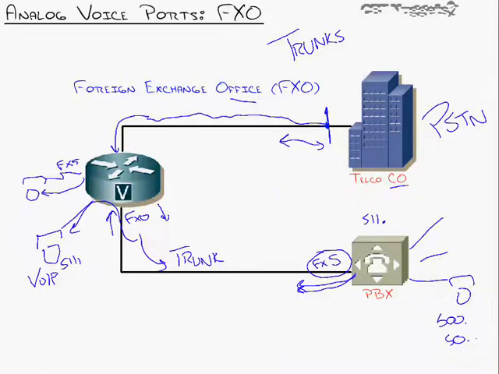One more thing I want to mention before we move on to digital connectivities is FXS and FXO are the most common analog voice ports that you're going to run into 99% of the time. But there is one more that is out there, and it is known as E&M analog interfaces. What these are, remember, analog. How many calls per port?